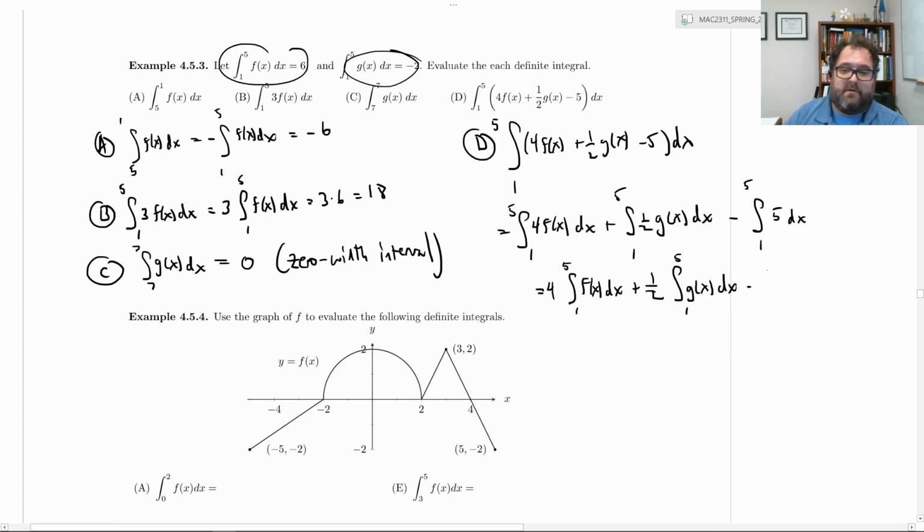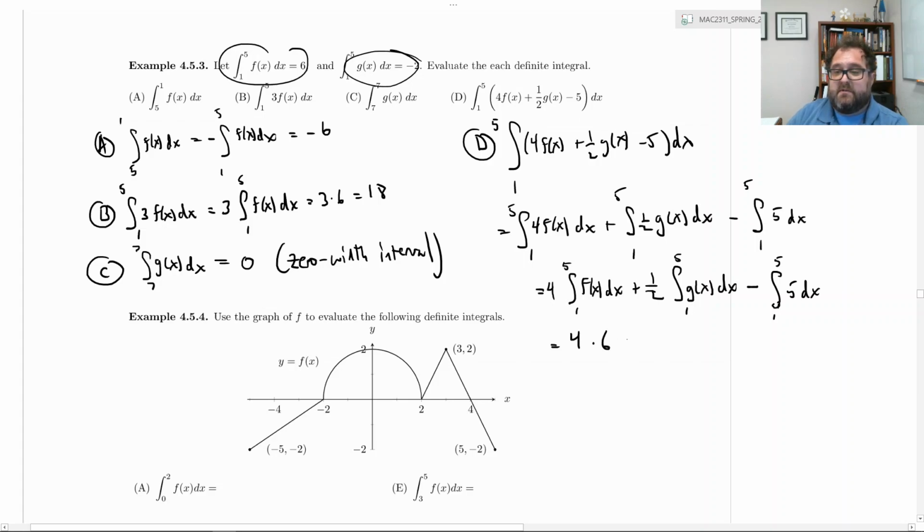I've got geometry to help me there. So minus, I'm just going to leave it as the integral from 1 to 5 of 5 dx, and we'll use some geometry here in just a minute.